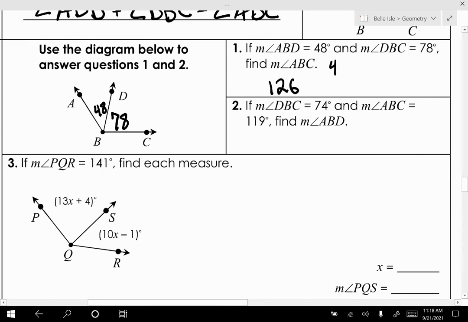You do angle ABD, which is 48, plus the measure of angle DBC, which is 78, equals 126.